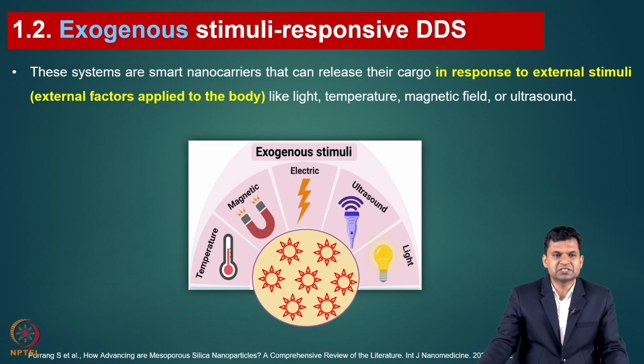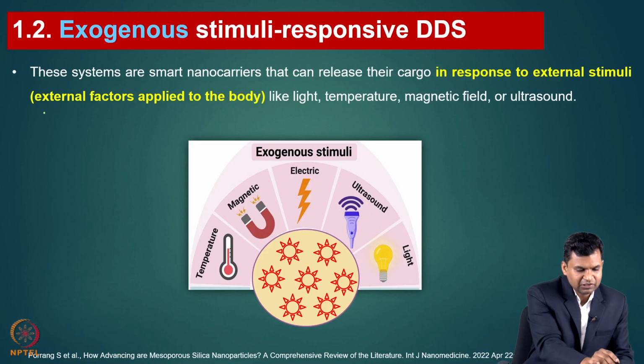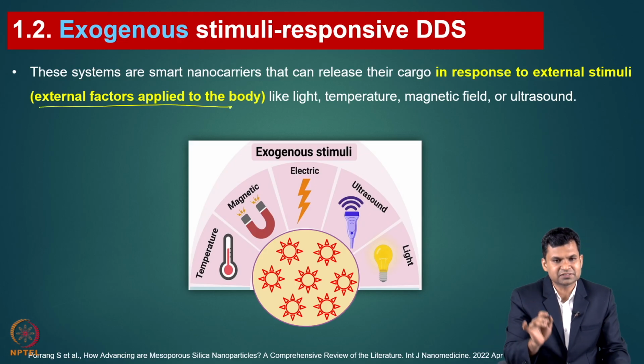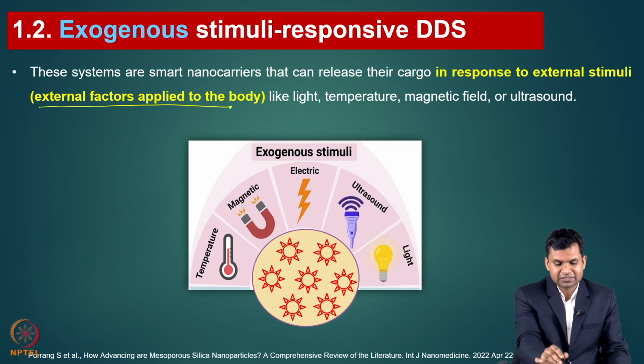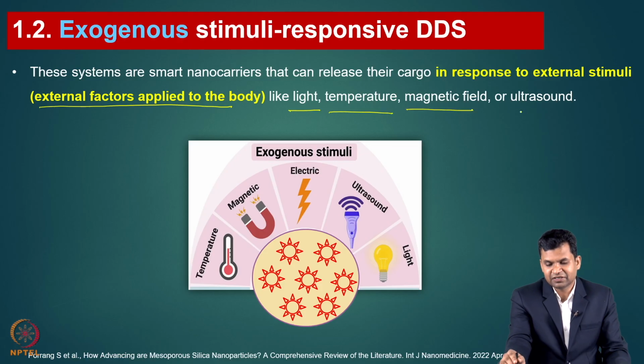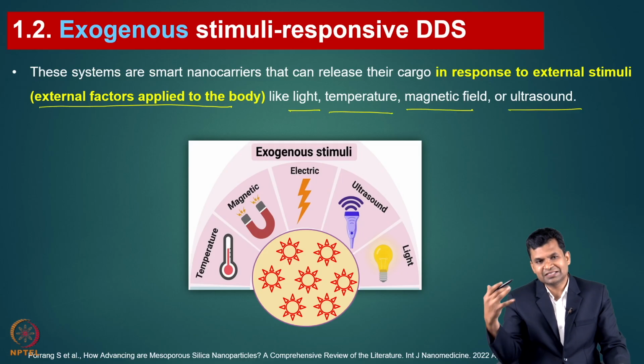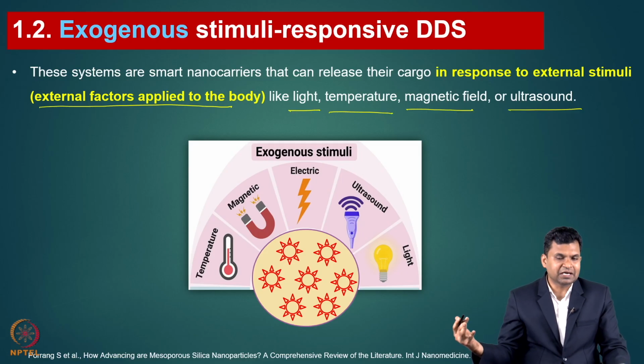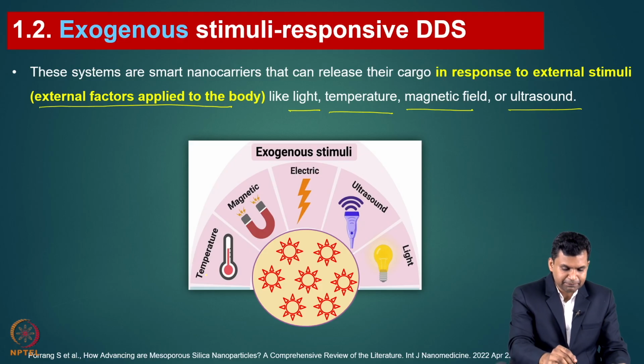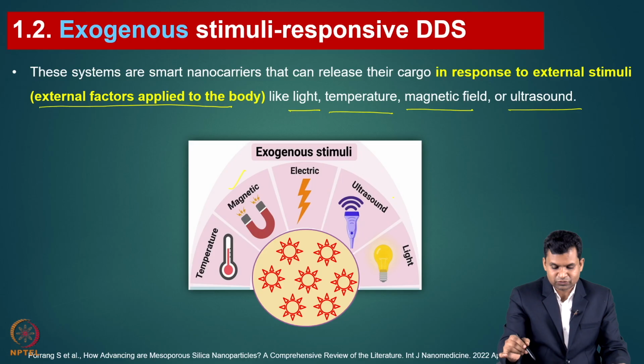Now, exogenous, very simple here, we apply external factors to the body, which are nothing but applying light, temperature, magnetic field or ultrasound. With that, your drug molecule will be released from the carrier to the desired site. So, here is the temperature, magnetic and electric, ultrasound and light.